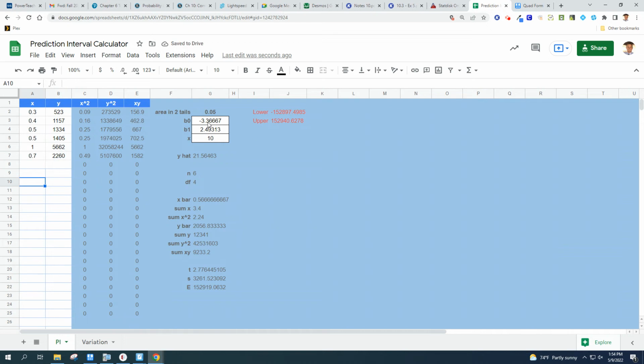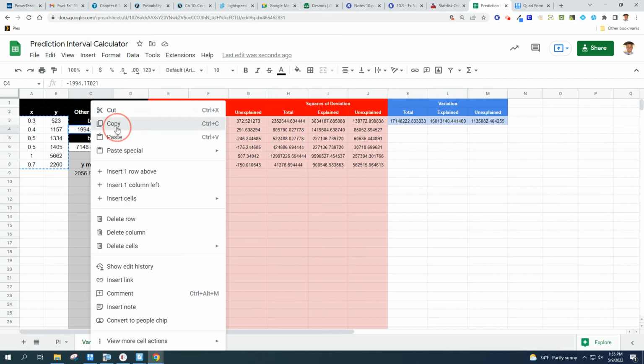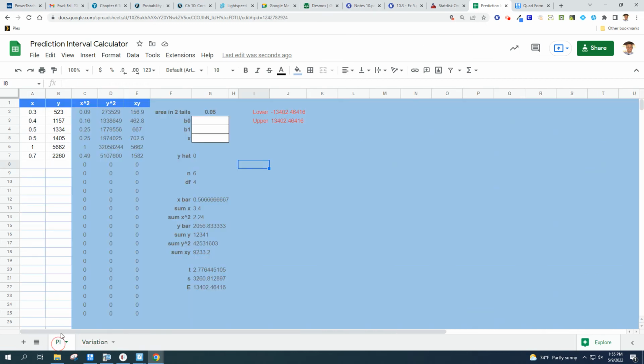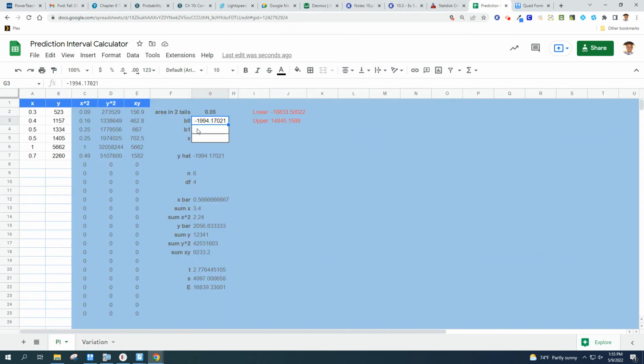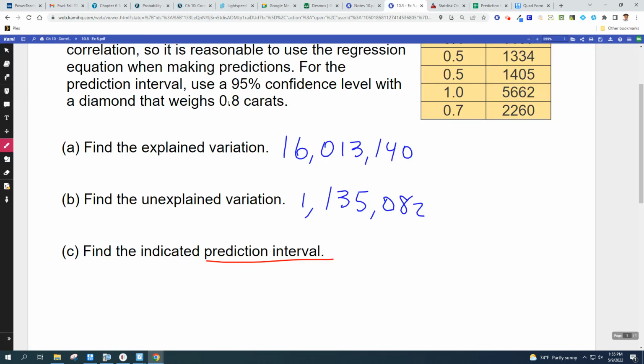All right. We need to change these numbers. So B0 was this 1994. And B1 7148.